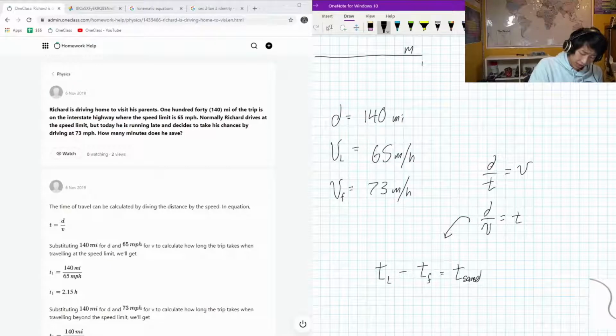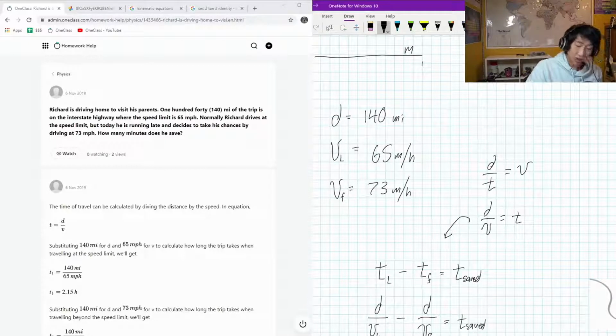And subbing this relationship in, we know that d over the velocity of the limit minus d over the velocity of going fast is going to give us a t saved. And the unit cancellation would work out. That's why I mentioned the divided by h.